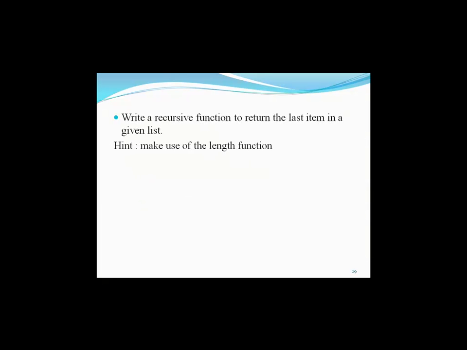Now we'll write a recursive function to return the last item of a given list. The hint is that we can use the length function to define this function. Now we'll see how we have written this function. We give the function name as last. We are giving a list, so the parameter name is list.